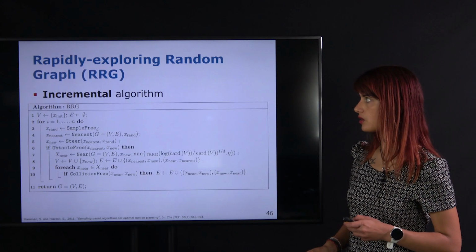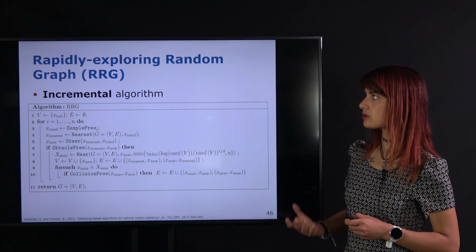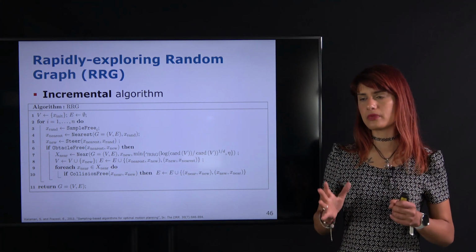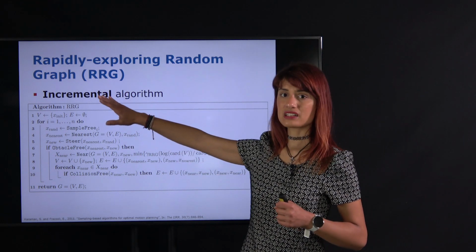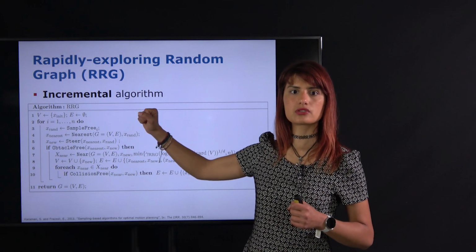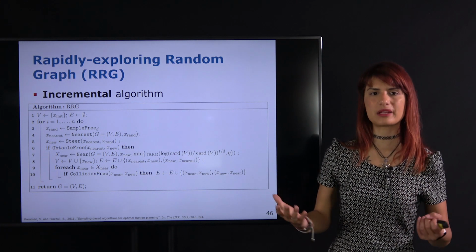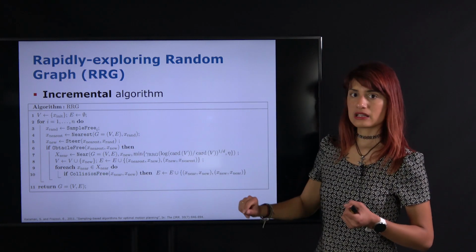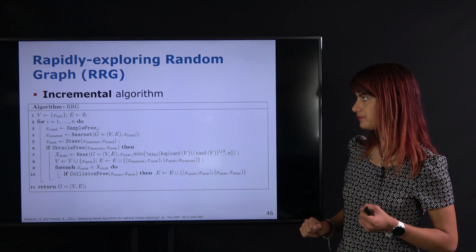And the first one is called the rapidly exploring random graph. So unlike the probabilistic roadmap, the random graph is an incremental algorithm similar to the RRT that grows incrementally. However, a key difference is that it may contain cycles.